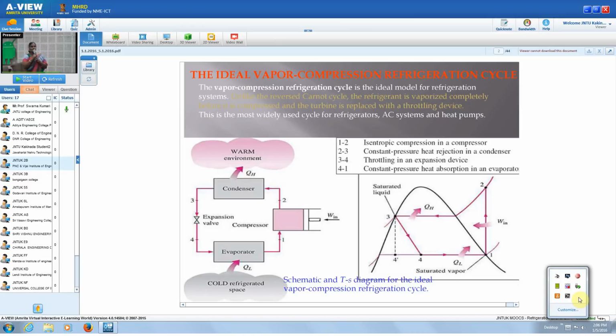And this is the most widely used cycle for refrigerators and air conditioners. The main advantage is that it can range from very low capacity, 0.5 tons, to even more than 250 tons of refrigeration produced by a vapor compression refrigeration system. And the refrigerant can be any refrigerant. The properties required we will see later. Next.